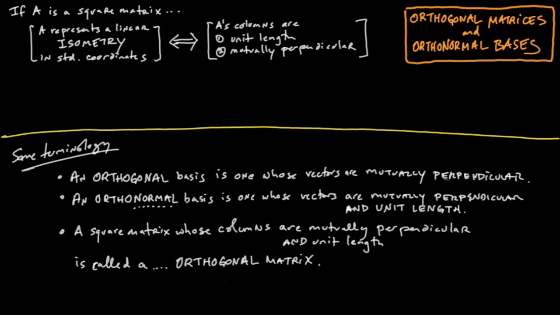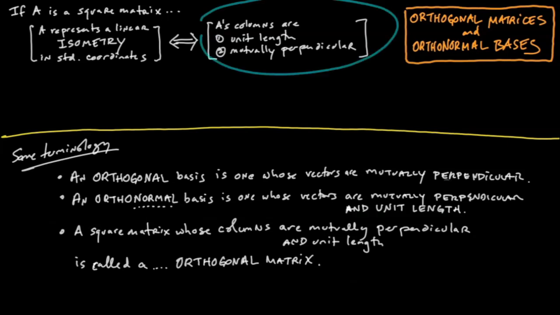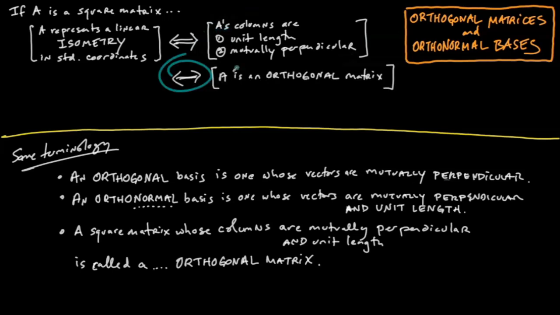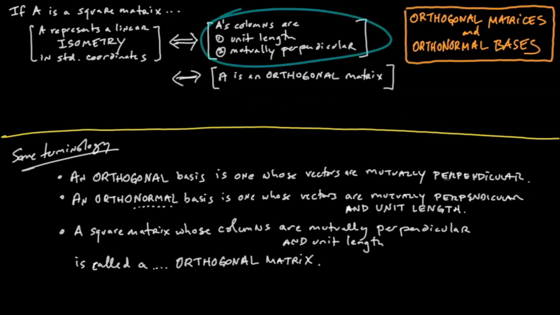Fortunately, there is no such thing as an orthonormal matrix, so the potential for confusion is fairly limited. But anyway, with our definition of an orthogonal matrix locked down, we recognize that we've been talking about orthogonal matrices all along. So this stuff is true of matrix A if and only if A is an orthogonal matrix. It's just a cleaner way to say all of this stuff.